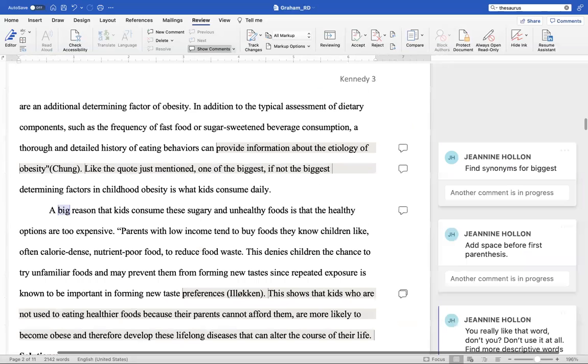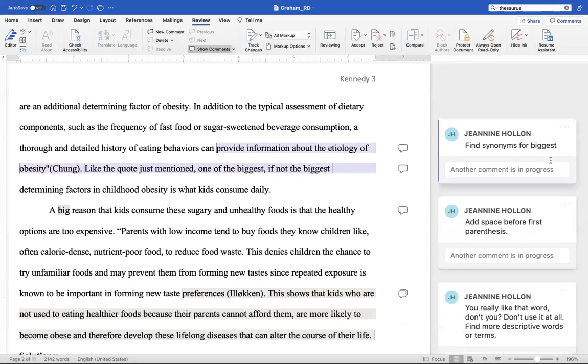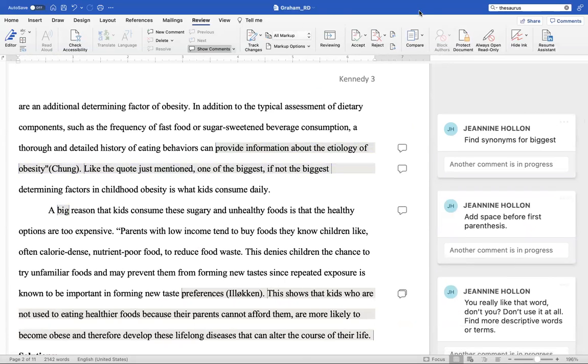Here, find synonyms for big, biggest, big. I'm going to go to another screen.